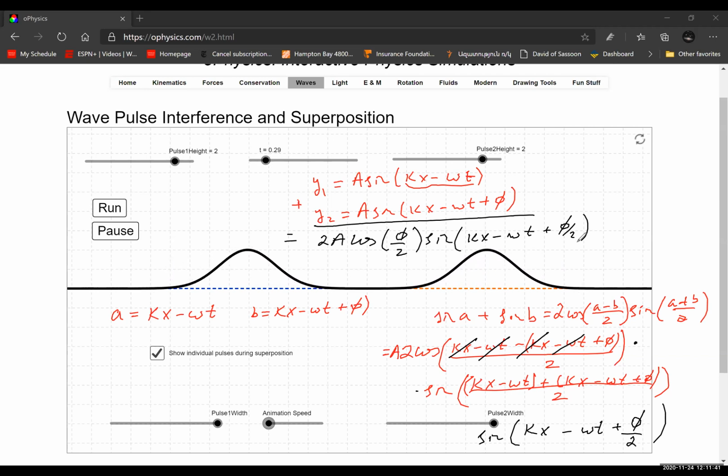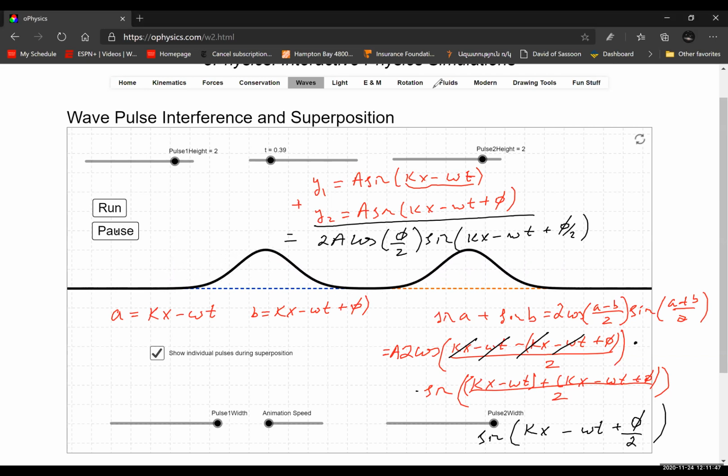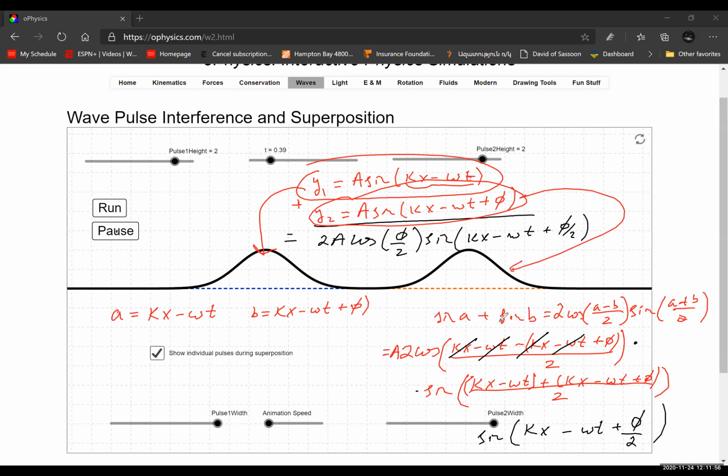That means, each individual wave. So right now, if I pause, there you go. So this equation represents this wave. This equation represents this wave. But their sum basically represents the wave when they overlap.